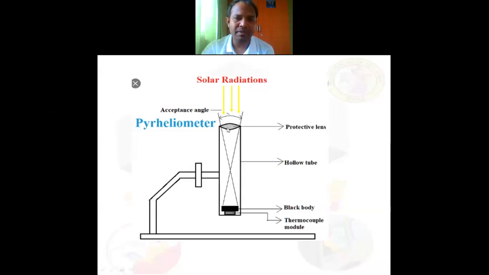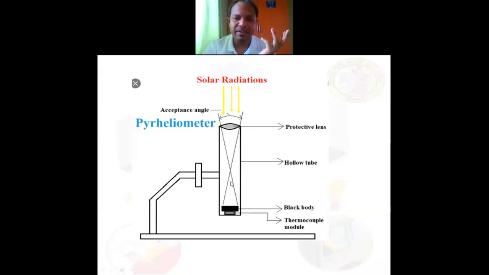So, what happens because of this protective lens? Whatever solar radiation is entering into the tube will not be allowed to escape out. Once it has been restricted from going out of the hollow tube, what happens? It will create heat. Meanwhile, the solar radiation which is falling over here will also be absorbed by a black body. This black body absorbs all the solar radiation and gets heated up.